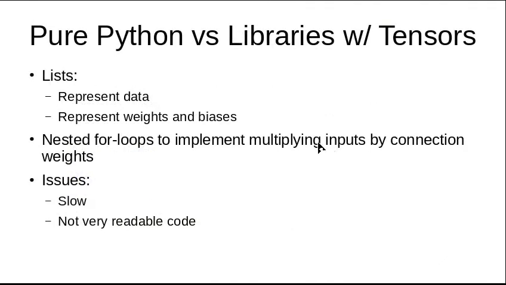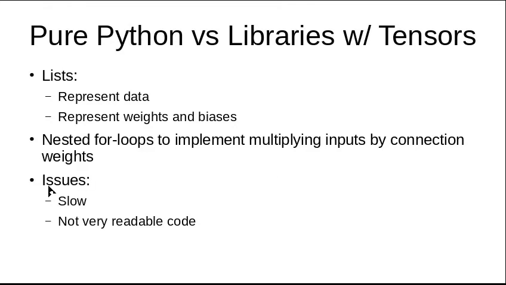Theoretically, neural networks could be implemented in pure Python. We could use Python lists to represent data and other lists of lists to represent the weights and biases for the network. And we could use nested for loops to implement the operation of multiplying inputs by connection weights.